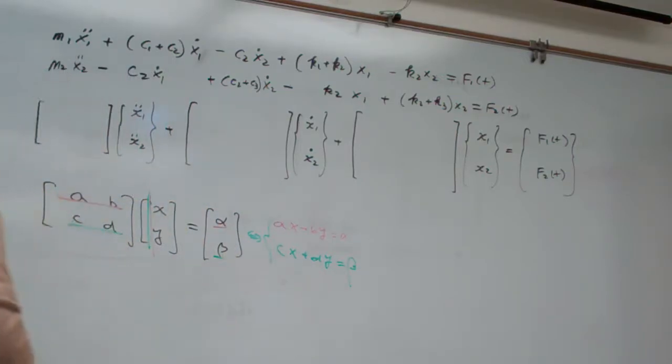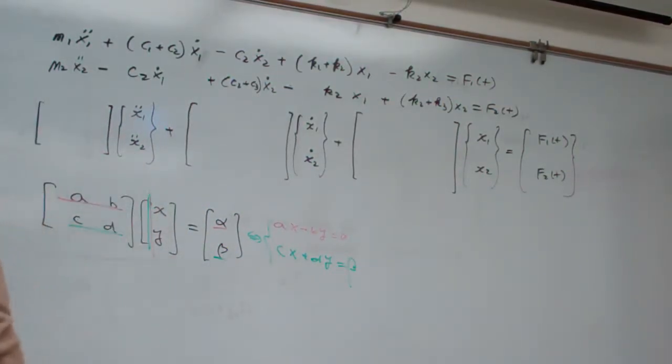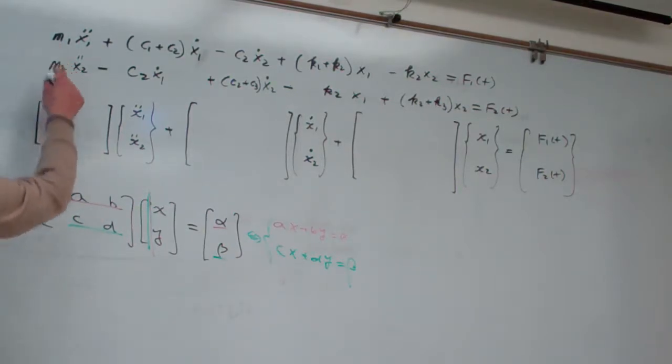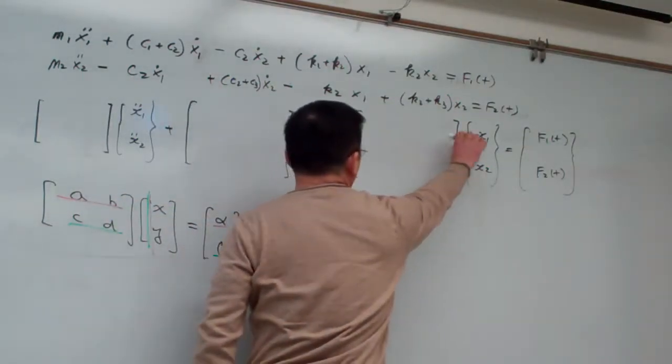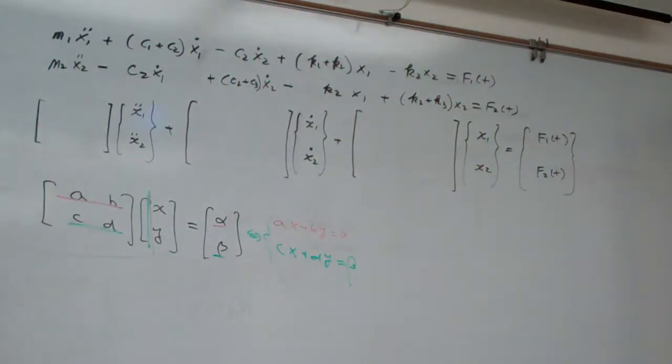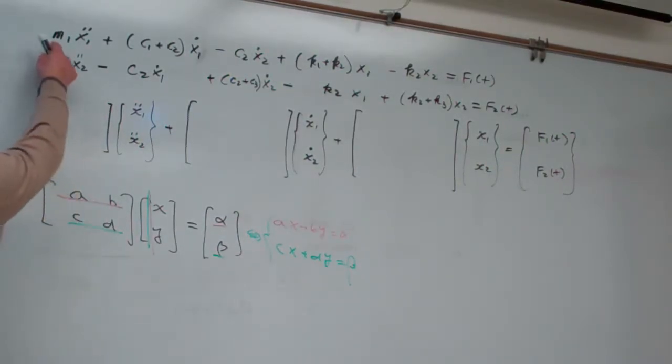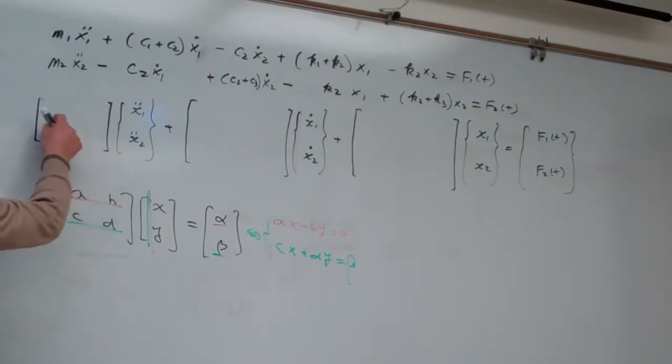The first one, we look at the double derivative, the acceleration terms here. So the first equation will be lined up on the first row of the column. When we transform the first equation, you simply focus on the first row of each matrix. So this one is m1 times x1 double dot.